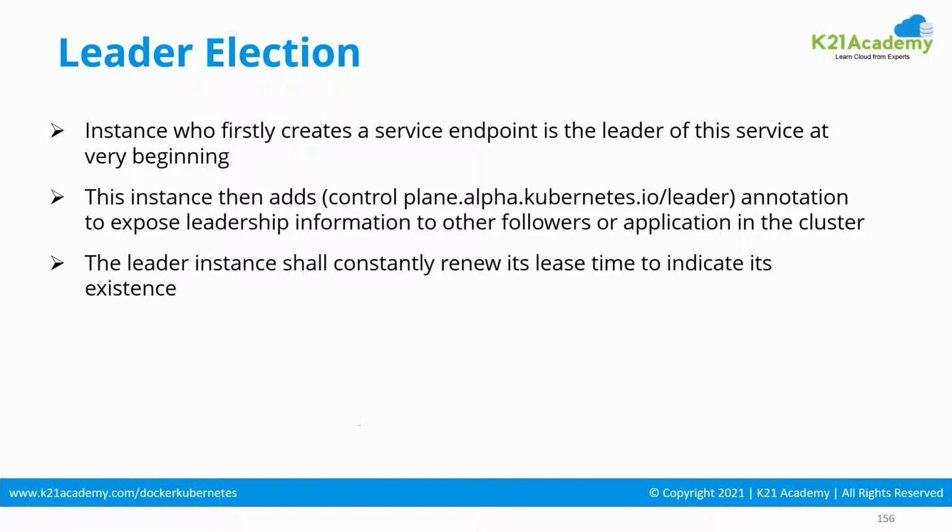This instance then adds a control plane annotation to expose the leader. Vivek, your question was this one, right? If any component becomes a leader, it adds a leader annotation. So if you describe that particular component, you will be able to find out that it is the leader. This annotation is important. Okay, thank you.